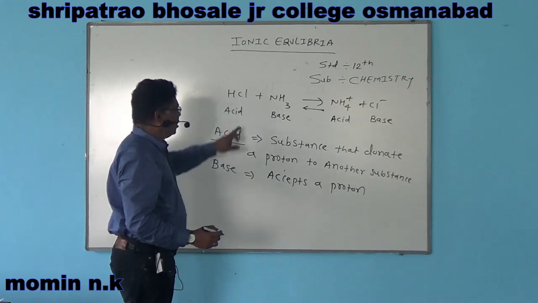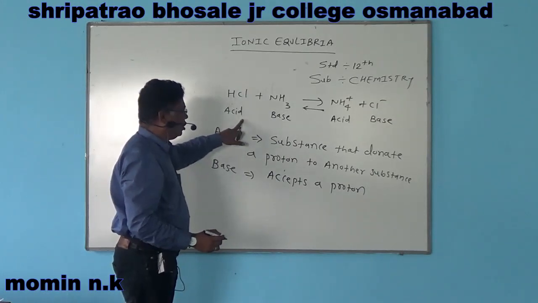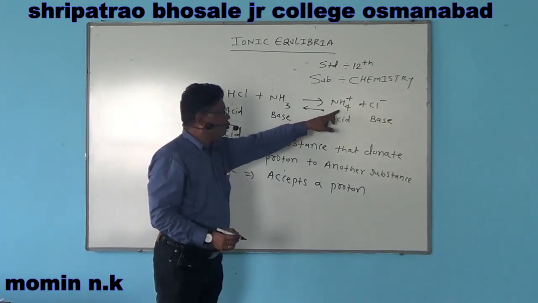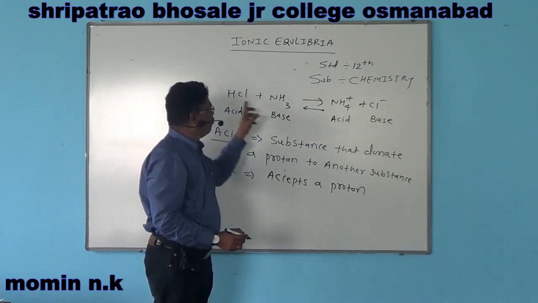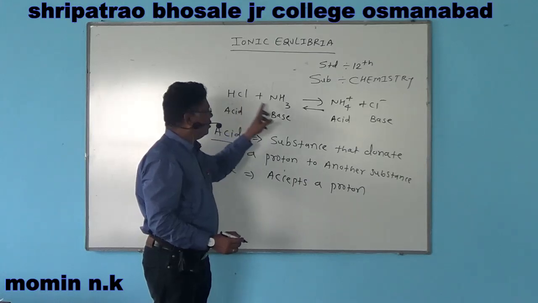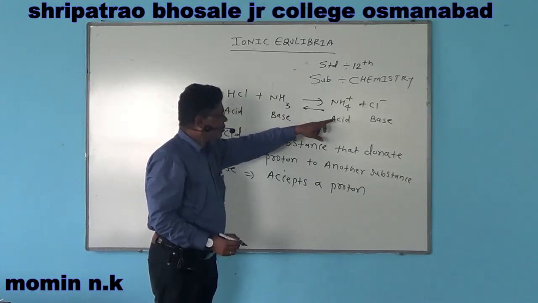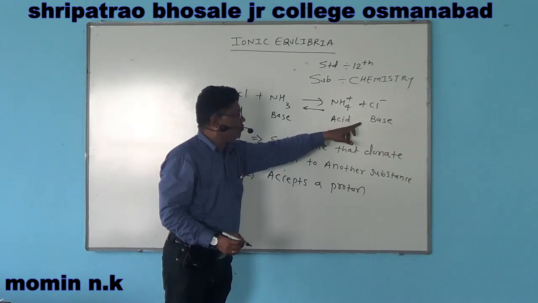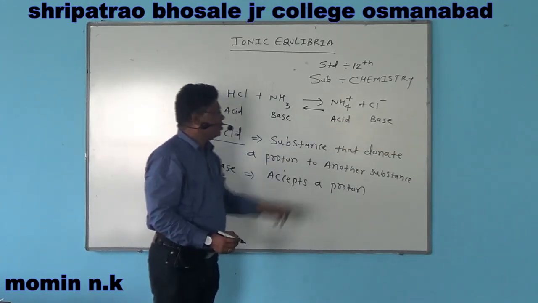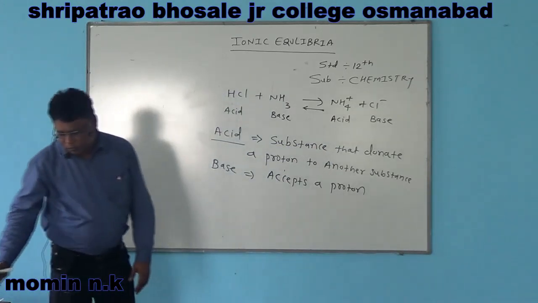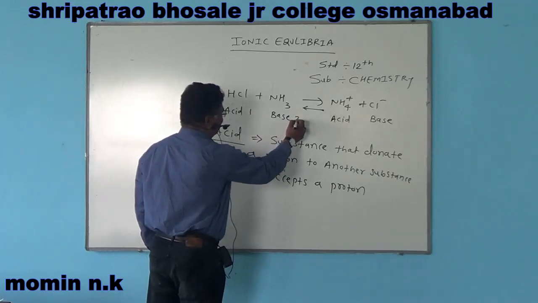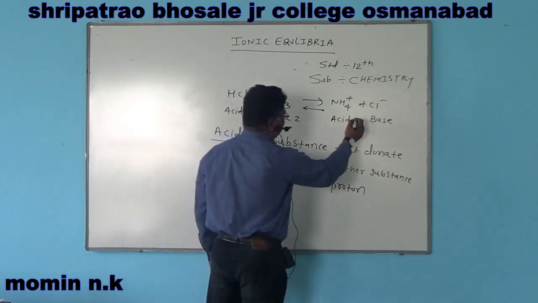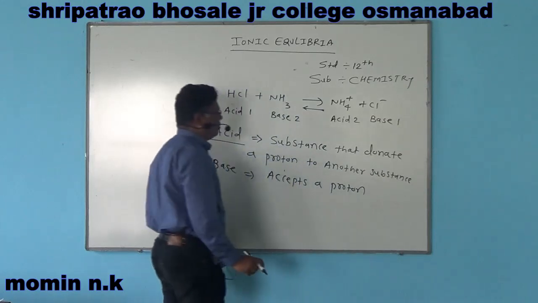Why? Because acid is a substance which donates a proton. Here NH4 positive donates a proton to the base, Cl minus, to form HCl, and Cl minus accepts a proton from NH4 positive. That's why it is called base. So here we can write: this is acid 1, this is base 2, this is acid 2 and base 1.